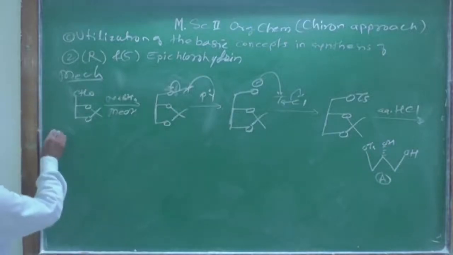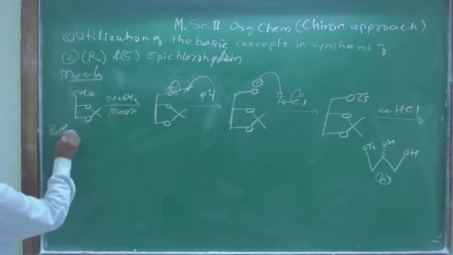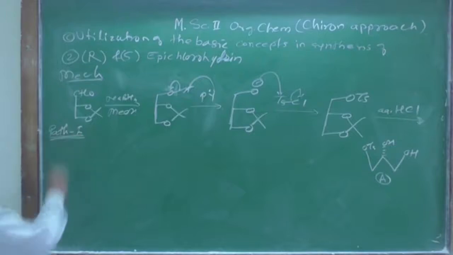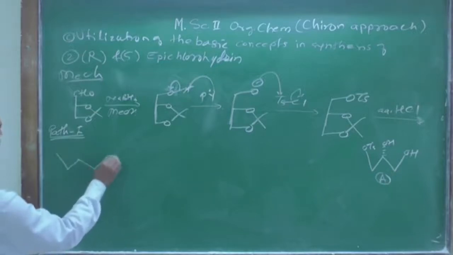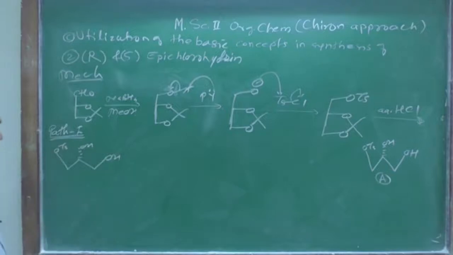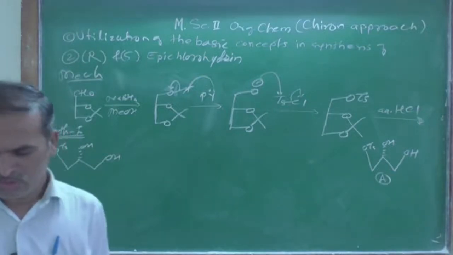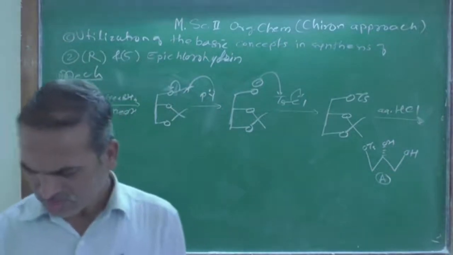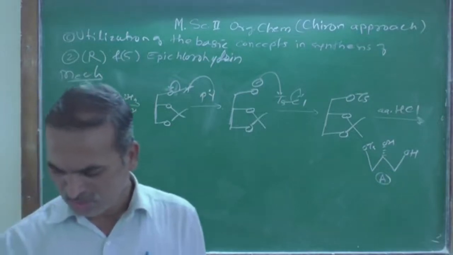Now look at path number A here, path number first, right? Path number first mechanism. So let us take this one again as it is, OH, then this OH and OTs, and this compound we further treated with what?